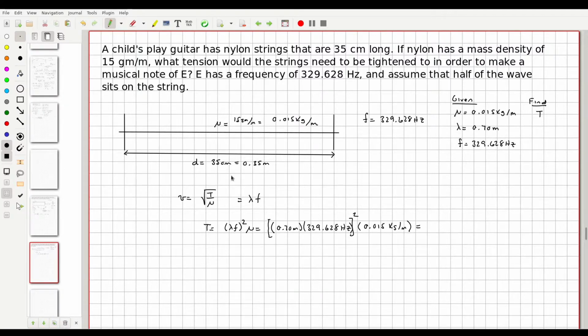I get 798.6 newtons. Or if you round to sig figs, we have 2 here, we have 2 here, we have a whole bunch over here. Really, it's 2 at the end of the day. Is 800 newtons, or 8.0 times 10 to the second newtons to show the number of sig figs that we have here. So there's our tension right there.